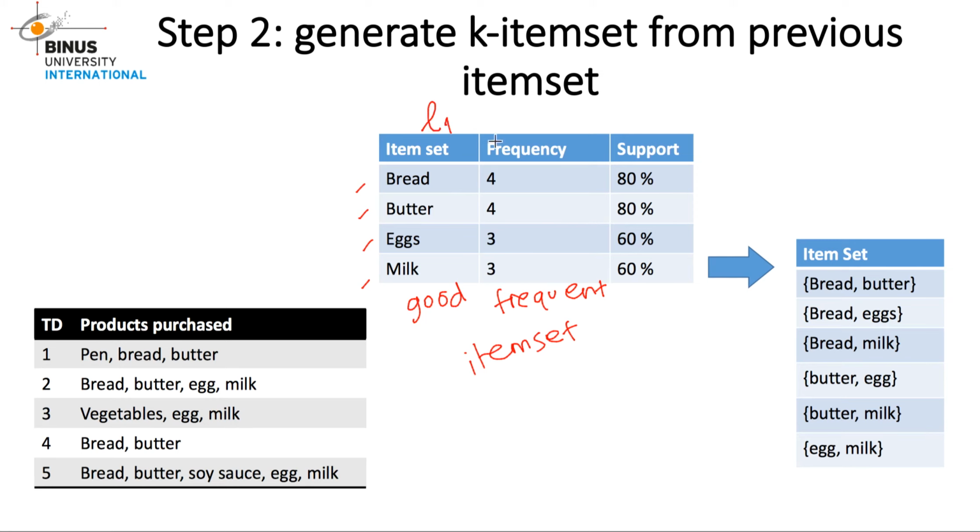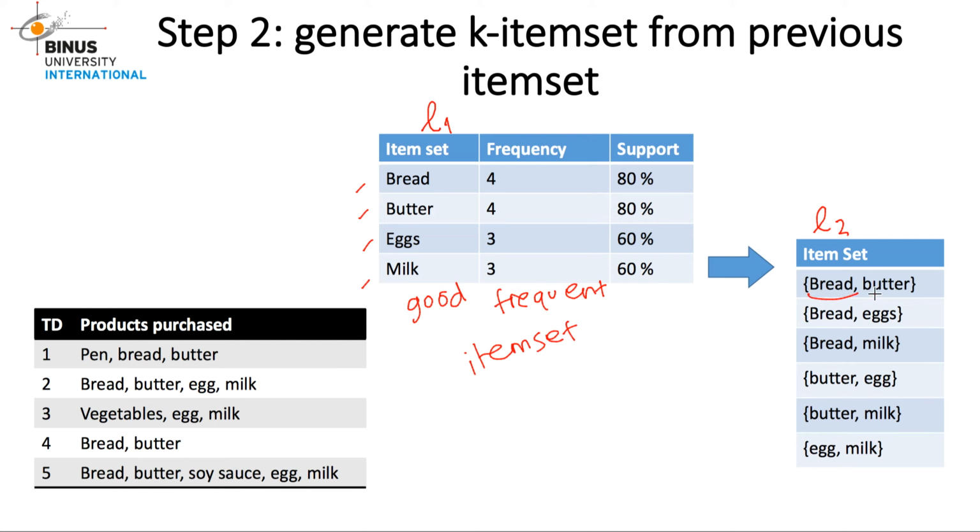Based on L1, we can build our L2. We repeat the same steps to find the frequent item sets. So from here, we need to start combining each item.